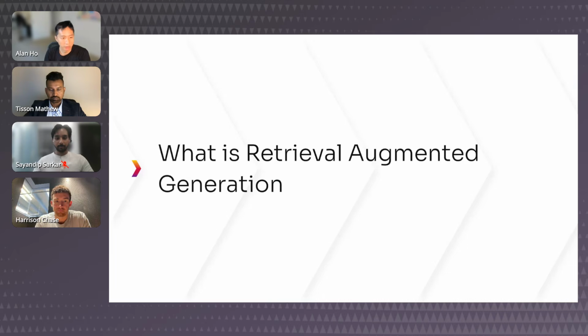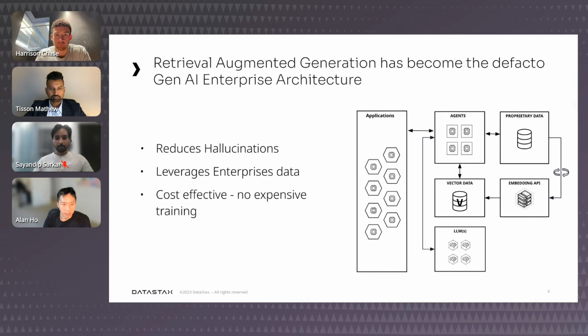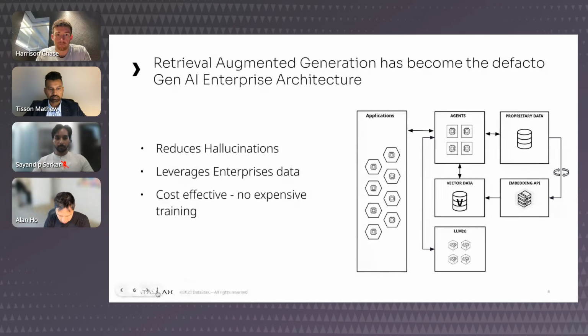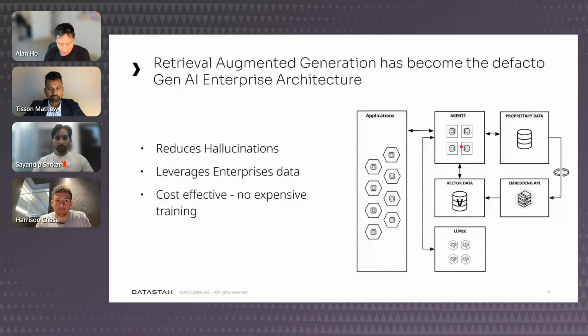So first off, I just want to talk about what is retrieval augmented generation. This is an architecture that companies are using to leverage their data for giving answers in generative AI applications. At a very high level, you have your application, usually written on LangChain.